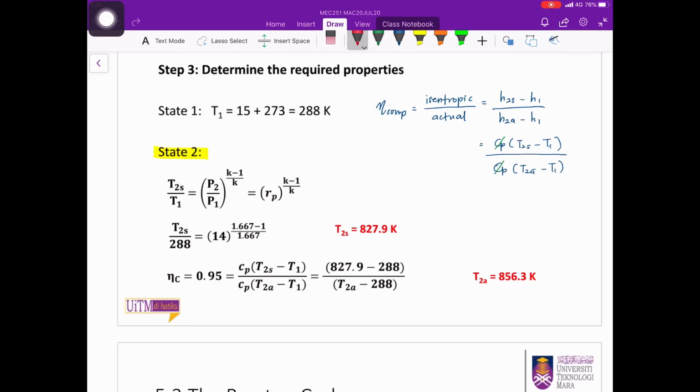Since we know the value for the isentropic efficiency for the compressor is 0.95, and we have the values for T2s and T1, we can find the actual temperature at state 2. Once we substitute and calculate, we get the temperature at state 2A equal to 856.3 Kelvin.